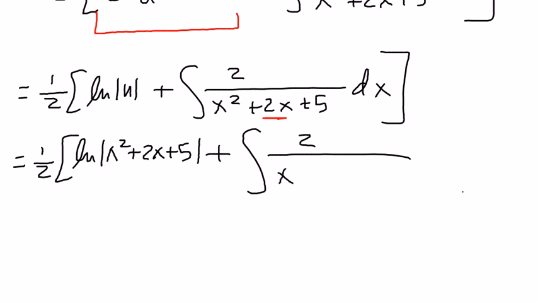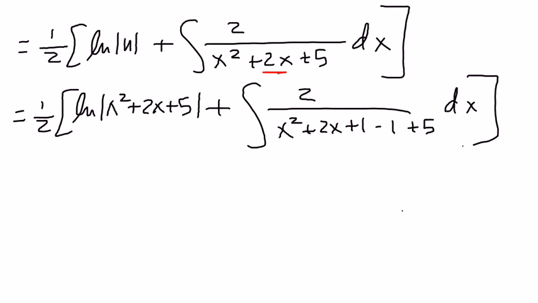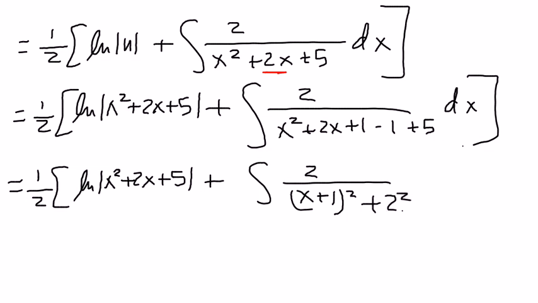So I get x squared plus 2x plus 1 minus 1 plus 5 dx. So then that first term becomes x plus 1 quantity squared by design. That second term becomes 4, or 2 squared.